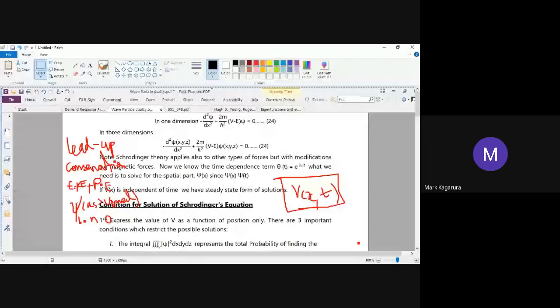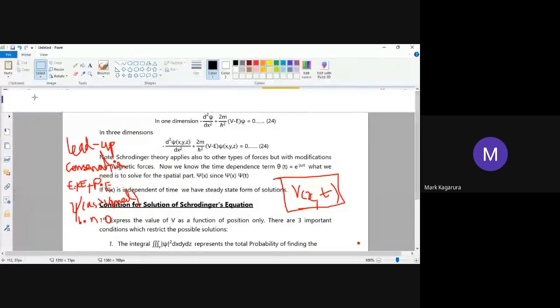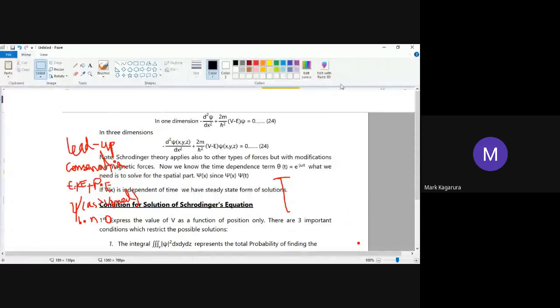So that's the paint version. As usual, we'll try and get out the stuff we don't need. We need some bit of the Schrodinger equation. Let's just remove that for now.